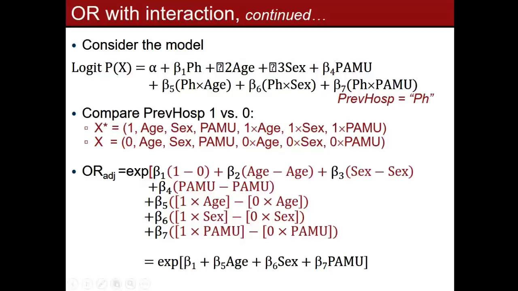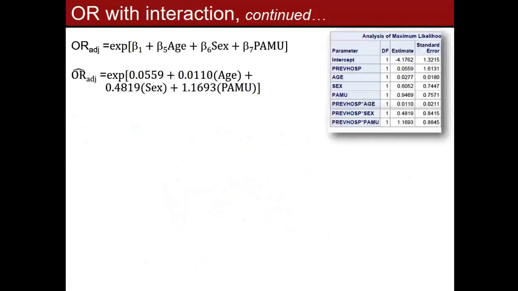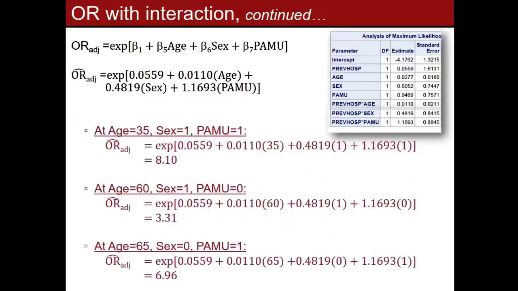So I'm just going to skip over working that through in super detail. This is that last one where you have all these things hanging out in the numerator, and you have to plug in the beta values from SAS here, from the table. Here are the interaction term beta estimates. They go in here, and you plug in different values. Here's 35-year-old, sex 1, PAMU 1; age 60, sex 1, PAMU 0.